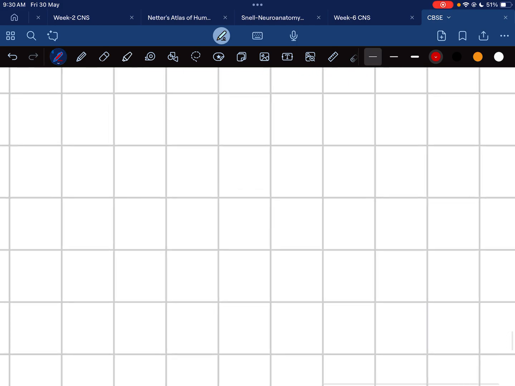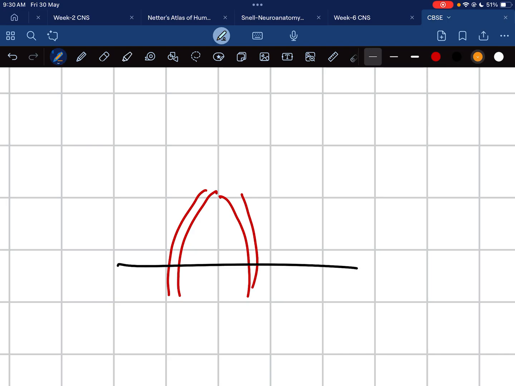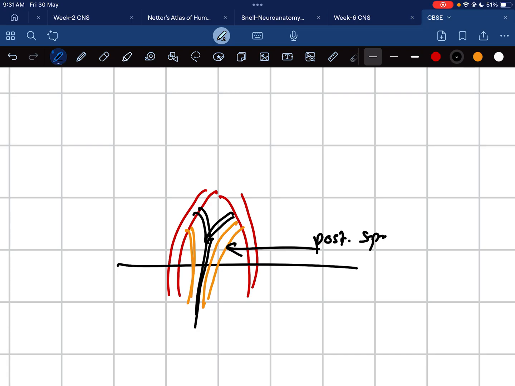When we look at the vertebral artery going inside the cranium, it gives two posterior branches, and after that the anterior branch. These are the posterior spinal artery and the anterior spinal artery.